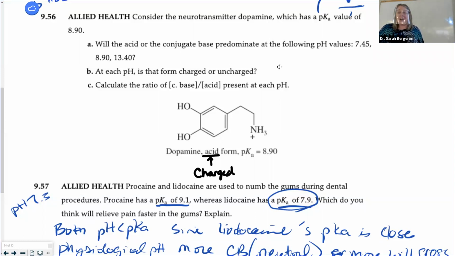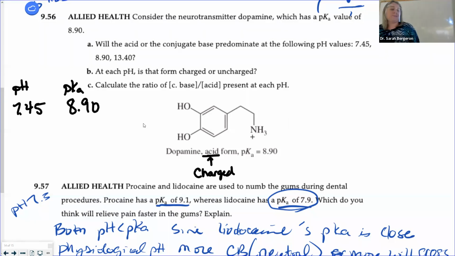Okay, I'm not going to ask you questions like that on the exam. I'm not going to say what happens on C. So let's look at A and B. Will the conjugate acid or the conjugate base predominate at the following pH values? So if you're at pH 7.45, and we're going to compare it to the pKa, 8.90.